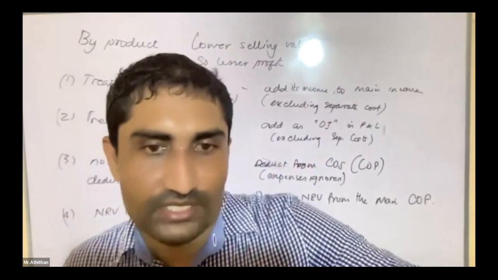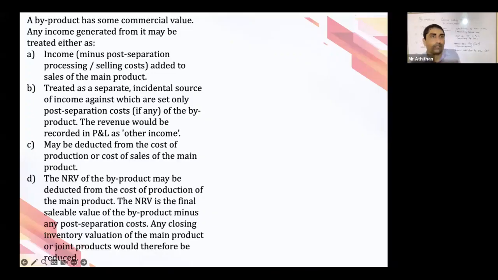Let me share the slide. Right. A byproduct has some commercial value. Any income generated from it may be treated either as income minus post separation process or selling cost added to sales of the main product, or as separate income or other income.